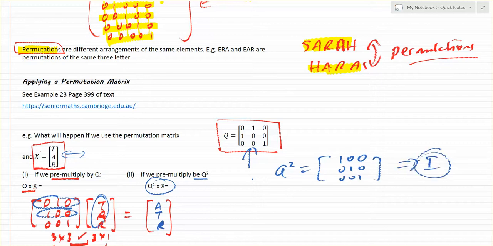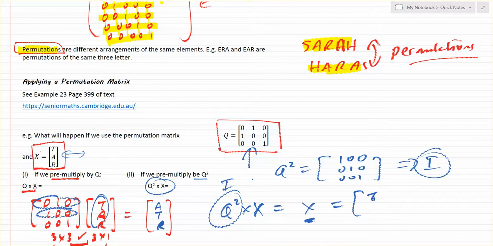So if I multiply a permutation squared by X, I would always just get X, because this is the identity. It's like multiplying by 1 in the matrix world. If you multiply something by 1, you get the same something back. So we know it will remain unchanged. It will still be TAR.